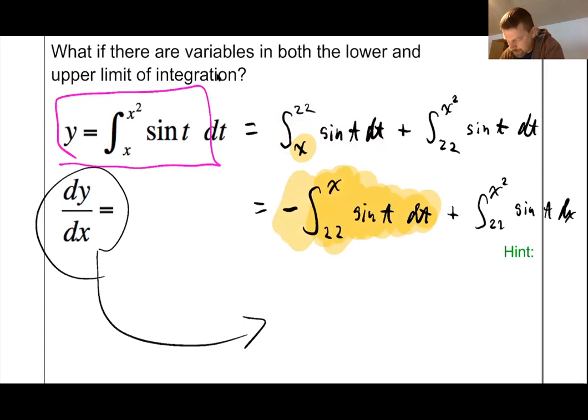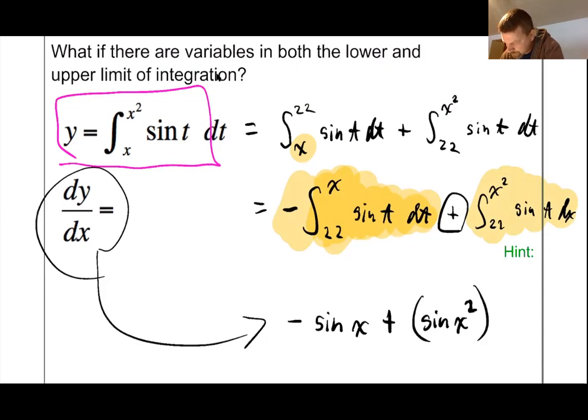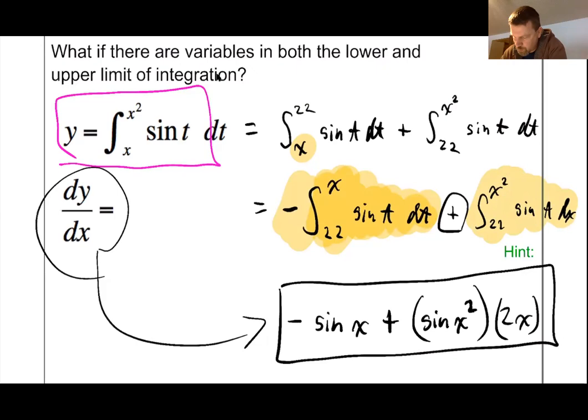It's going to be a negative sine of x plus the derivative of this one, which is going to be sine of x squared times 2x, because of the chain rule. There is my derivative of the integral.